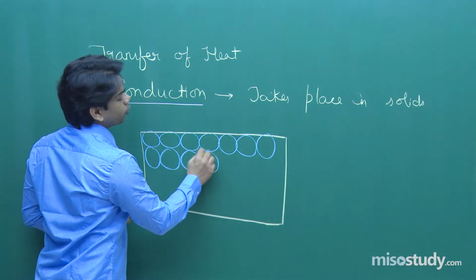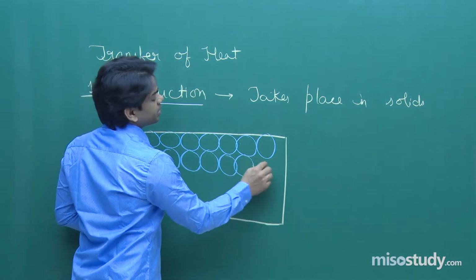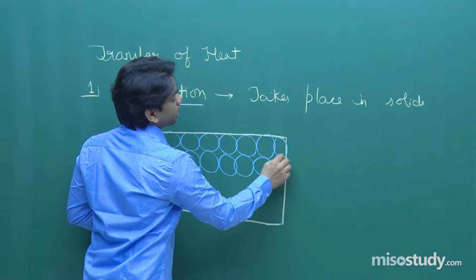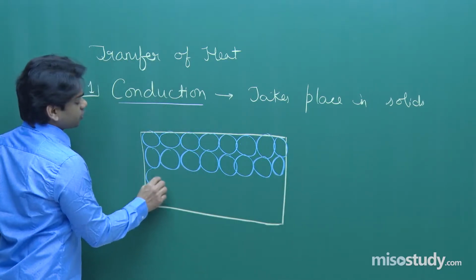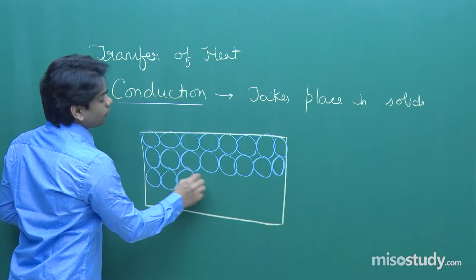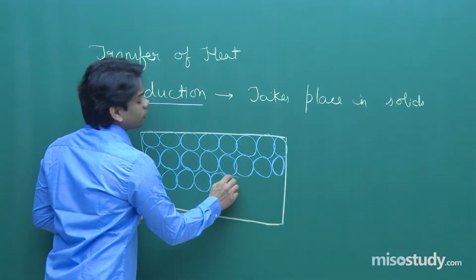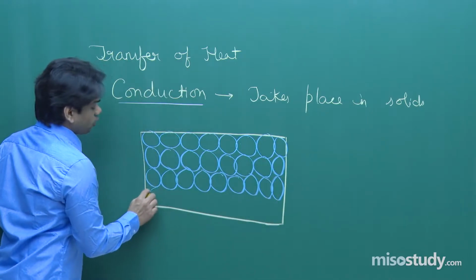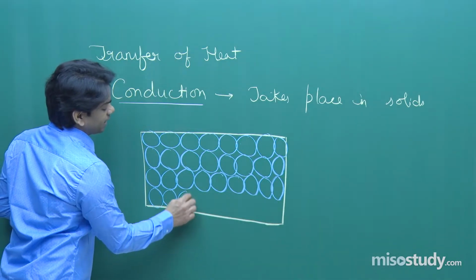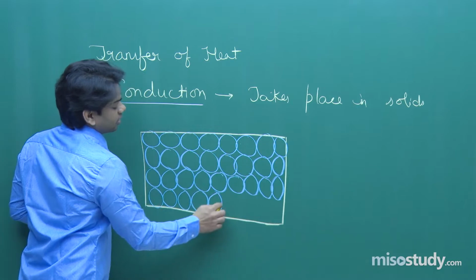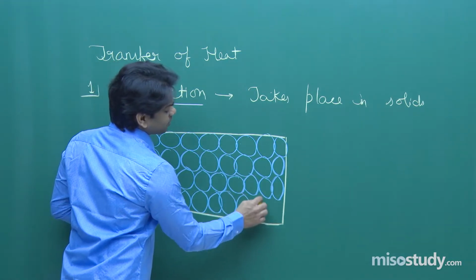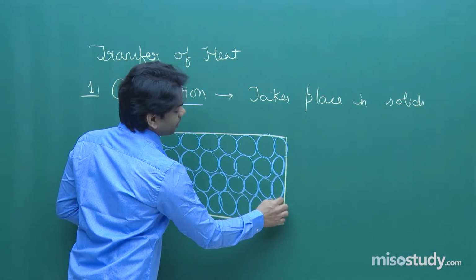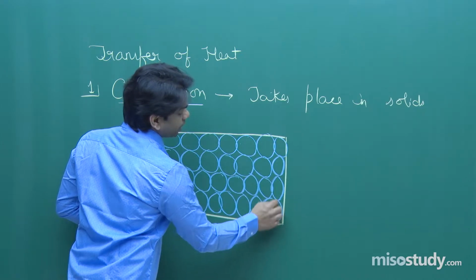All these circles that I am drawing represent molecules present within the solid object. We all know that the molecules of a solid are tightly packed all over the object, but there is slight space where they can vibrate near their position.